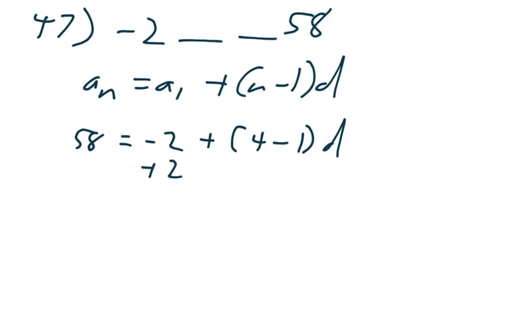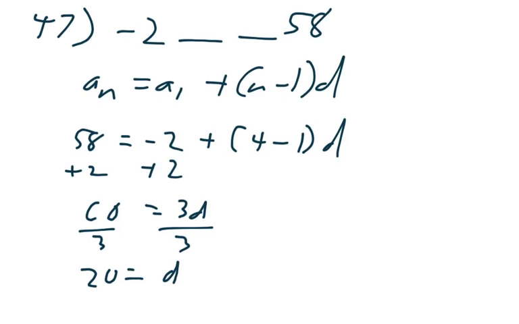I'm going to add 2. So 60 equals 3d. Divide by 3. And 20 equals d. So when I add 20, I get 18. When I add 20, I get 38. So 18 and 38 would be my answer.